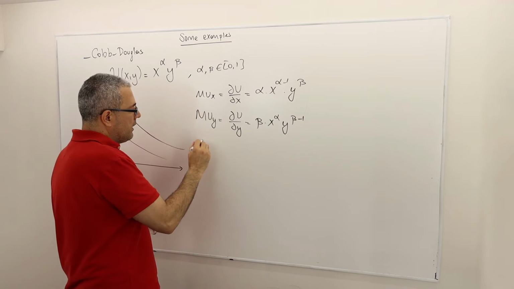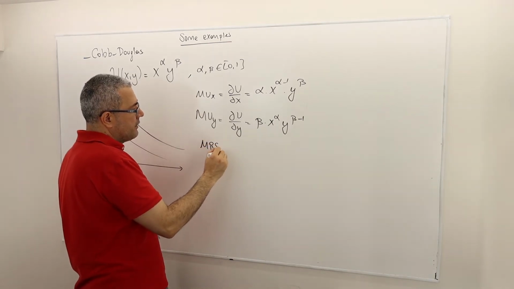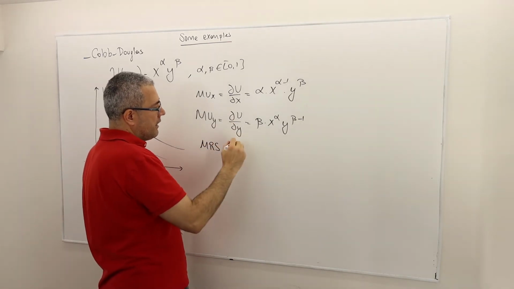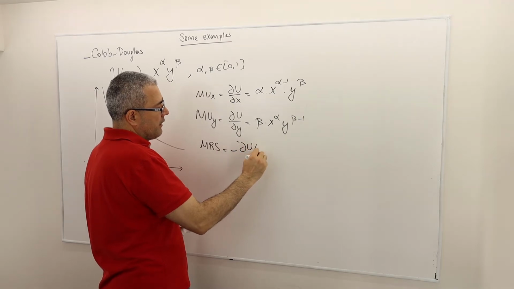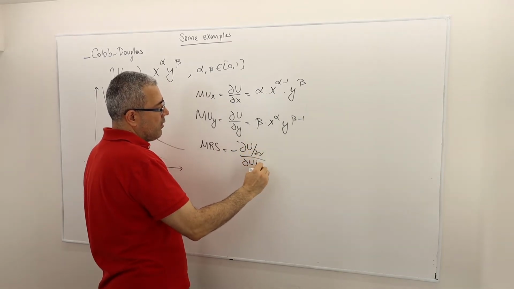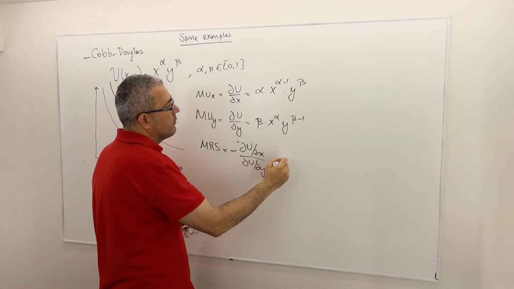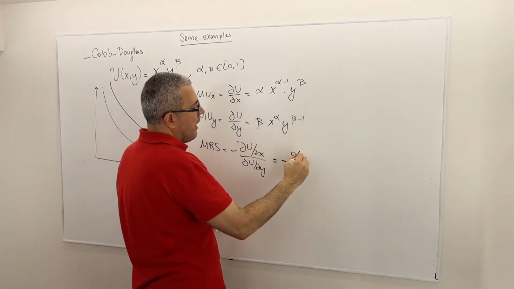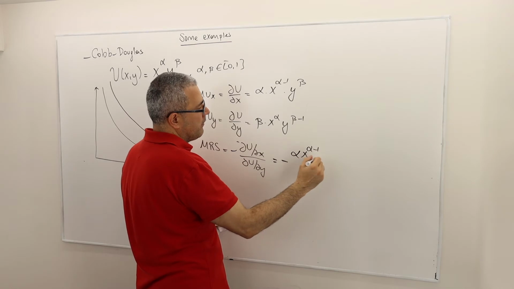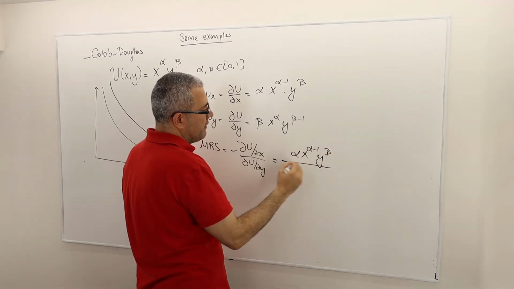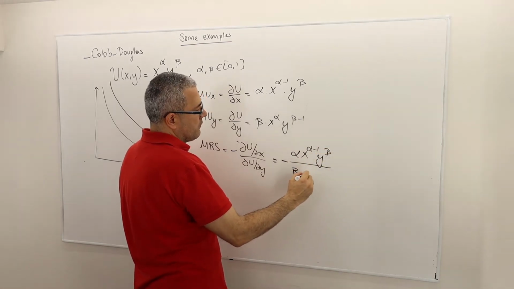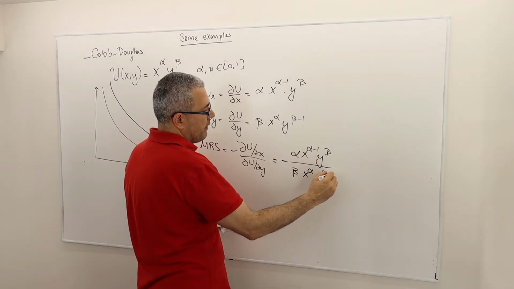So therefore, the marginal rate of substitution is equal to minus del u over del x divided by del u over del y, all right? And that's equal to minus alpha x to the power alpha minus 1 y to the power beta divided by beta x to the power alpha y to the power beta minus 1.